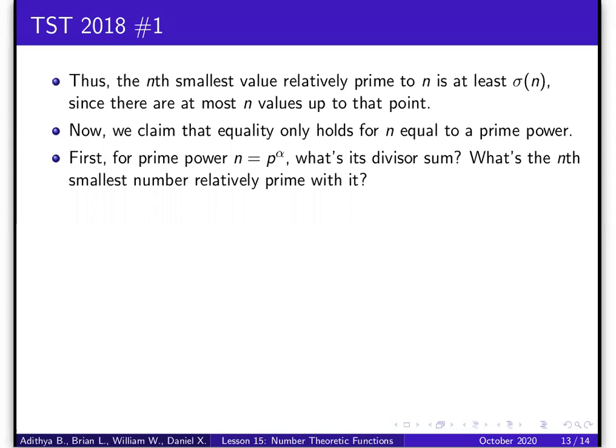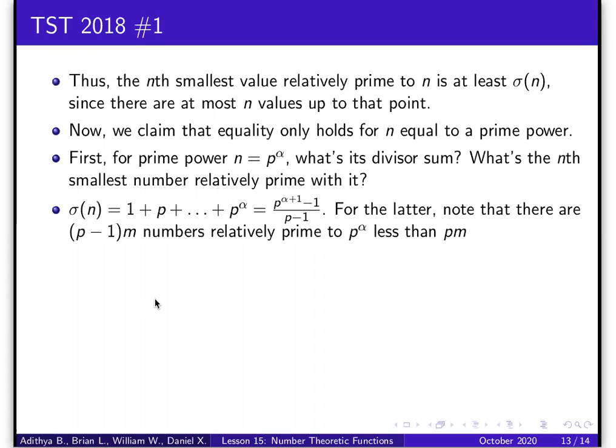So that means that its divisor sum is going to be p to the alpha plus 1 minus 1 over p minus 1. So sigma n is equal to 1 plus p plus all the way to p to the alpha. This is a finite geometric series. So we just use the formula p to the alpha plus 1 minus 1 over p minus 1.